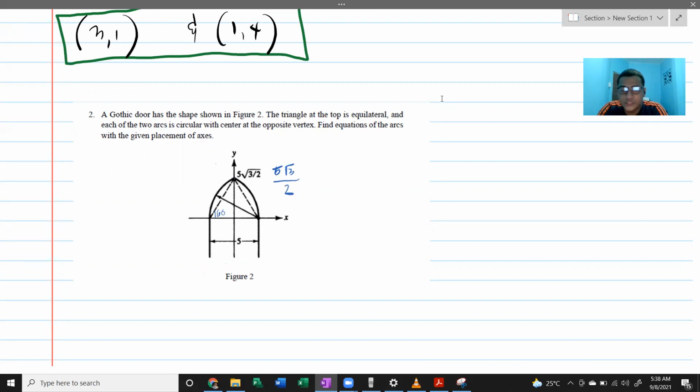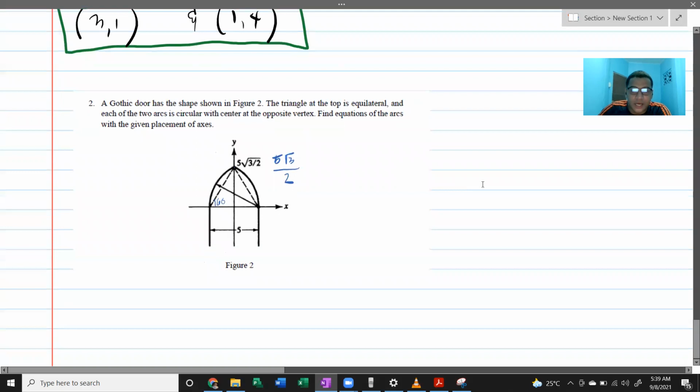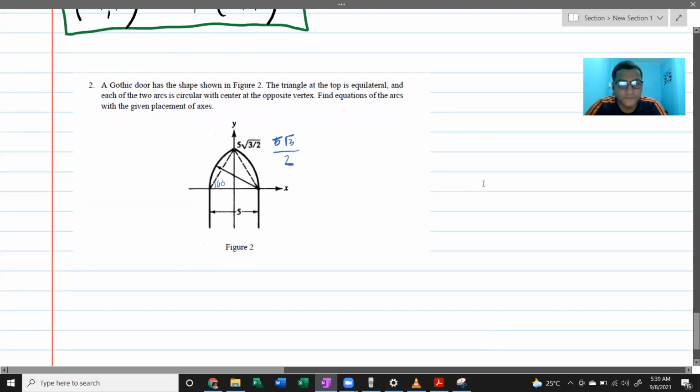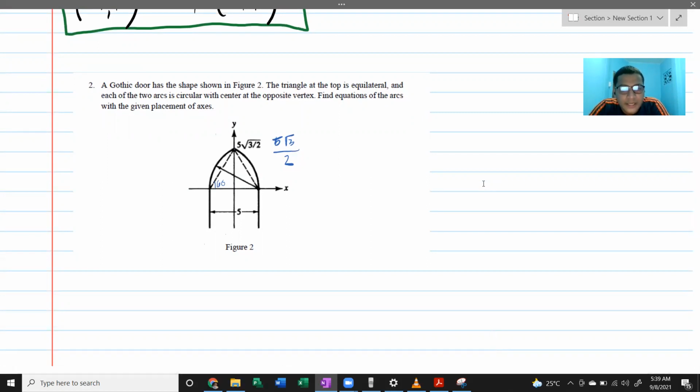So we need 3 conditions to solve for the equation of a circle. Okay. Now, how do we find the center and the radius of this arc, which is a part of a circle? Based on the condition, the center is located at the opposite vertex.